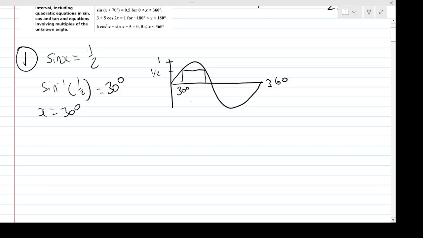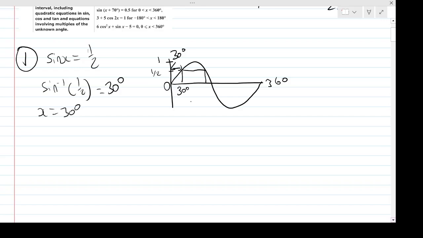Now, how are we going to find that solution? It's going to be to do with the symmetry of the graph. What we're going to do is look at the gap between the left end of the curve, starting at 0, and the first solution at 30. The gap will indeed be 30, right? Between 0 and that solution 30, that distance.